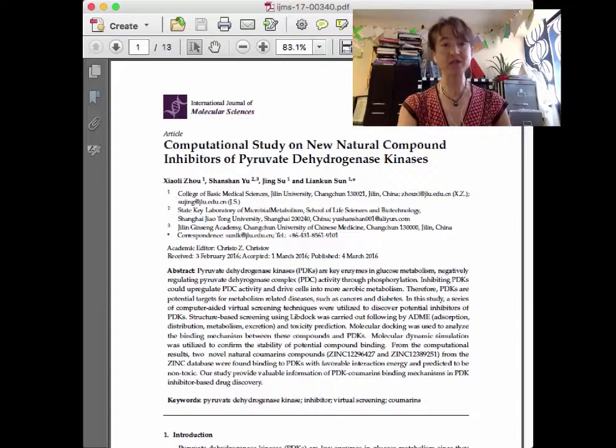And the way in which this article reports doing that is by inhibiting the pyruvate dehydrogenase kinase, so that in fact that stops the phosphorylation and inactivation of pyruvate dehydrogenase, therefore upregulating the pyruvate dehydrogenase complex.